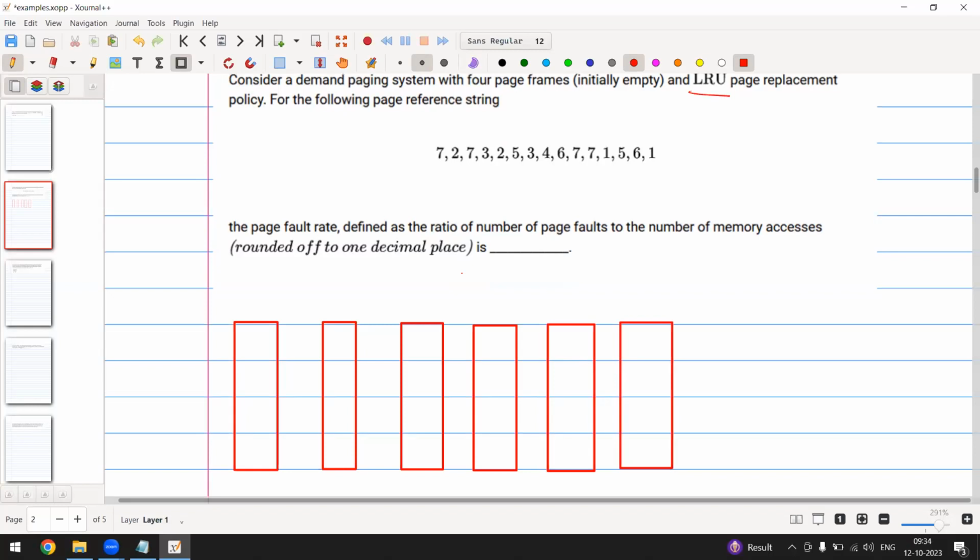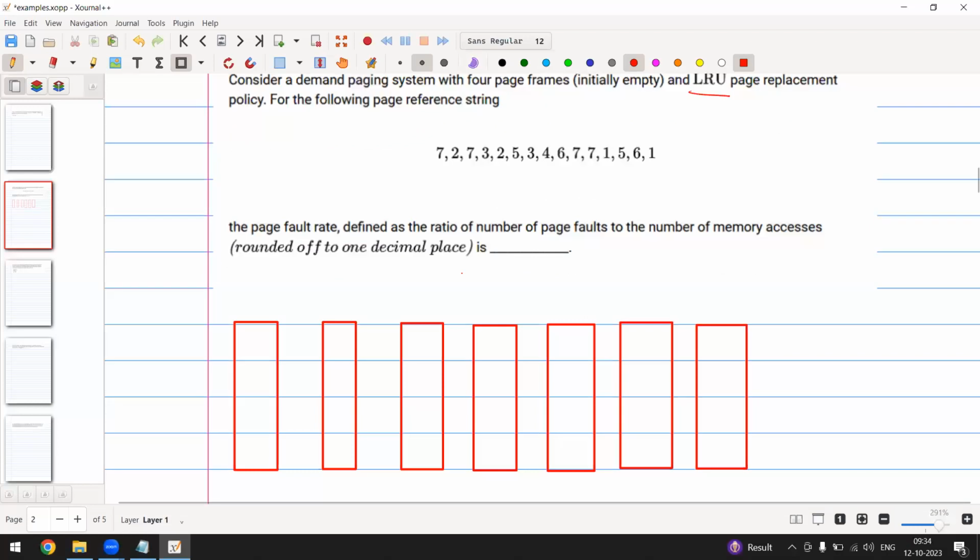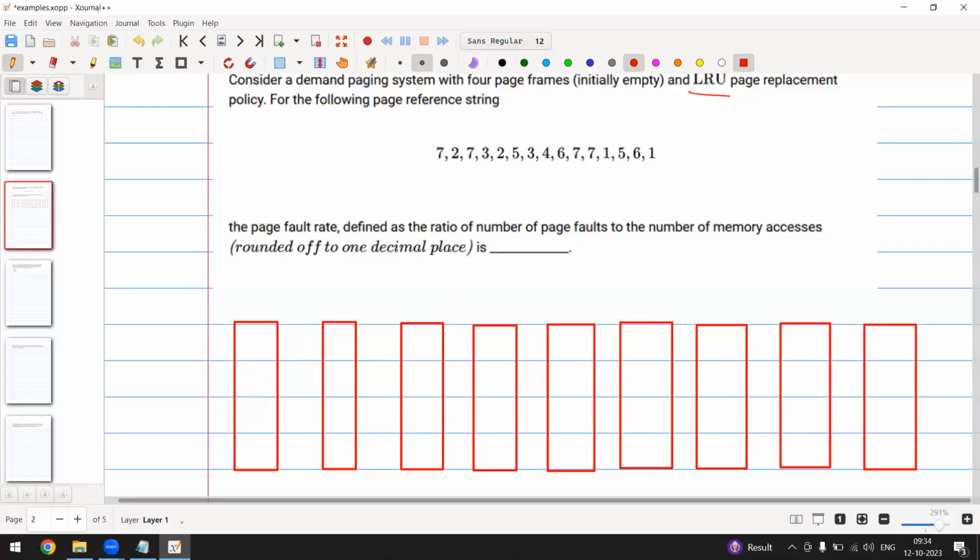At each timestamp, we have to see the structure of the pages. First of all, it says that your memory can hold 4 page frames. So you can see that I have made 4 sections, 1, 2, 3, and 4. Initially, it is empty. So this is the initial state at time t equal to 0.